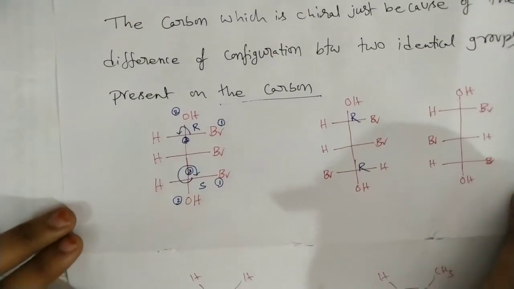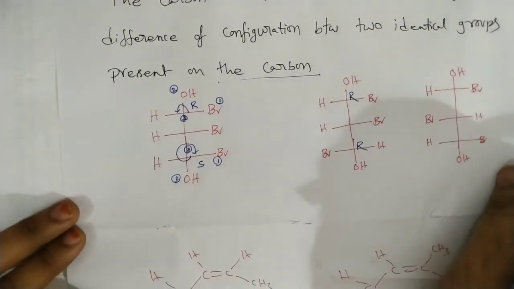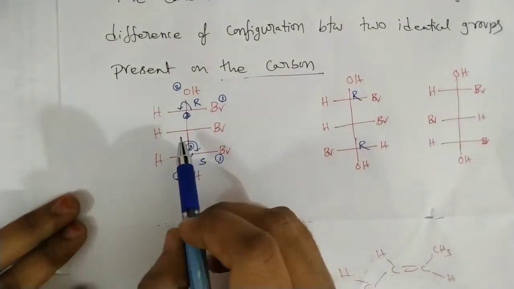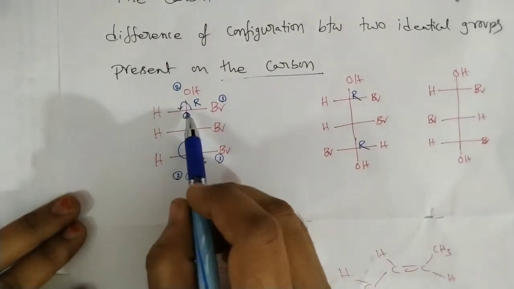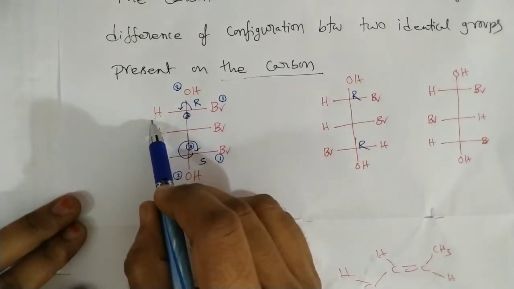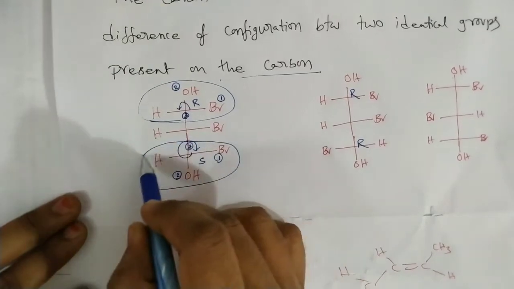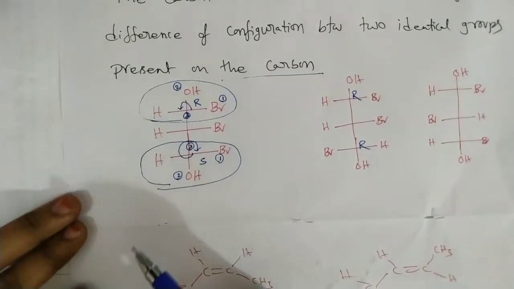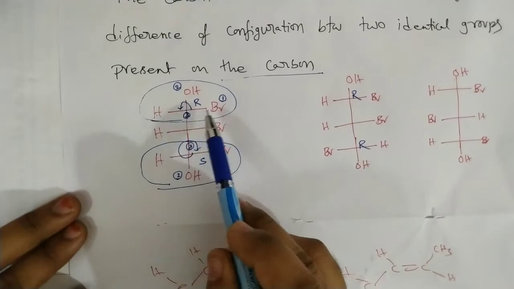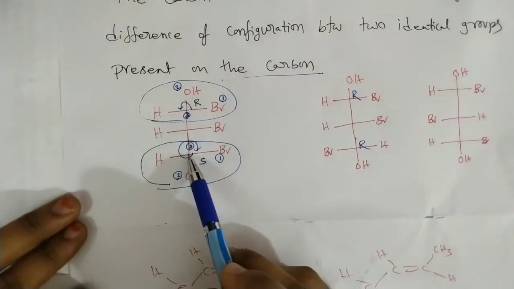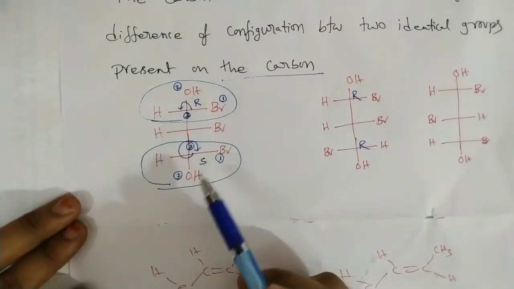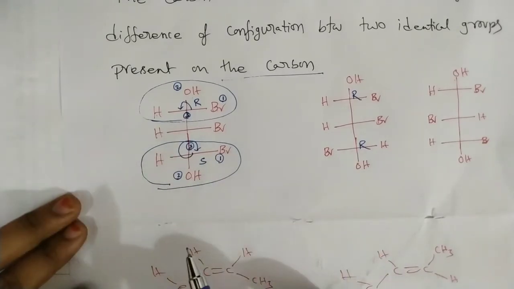That means here the groups are structurally the same but configurationally different. Suppose you observe this compound: this group and this group, these two are structurally the same. That means here carbon, hydrogen, bromine, OH, and this is carbon, hydrogen, OH and bromine, structurally the same.